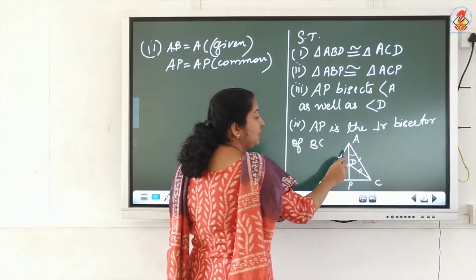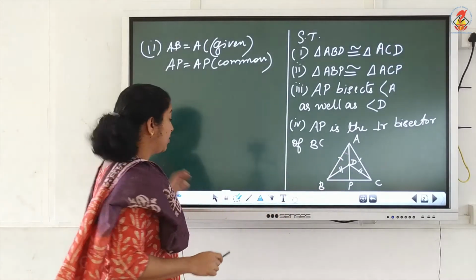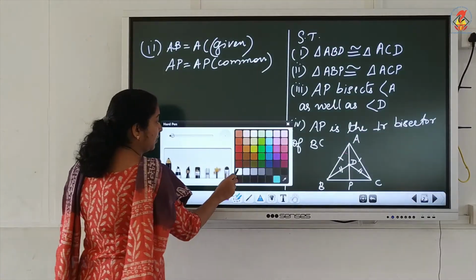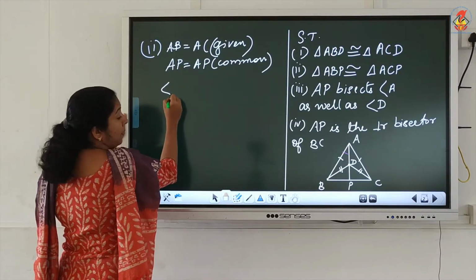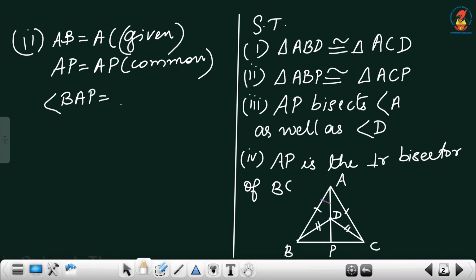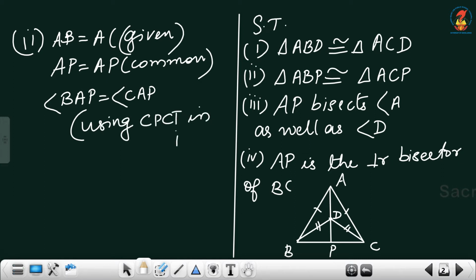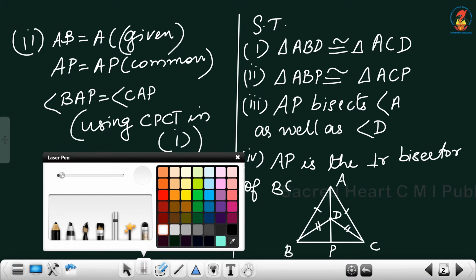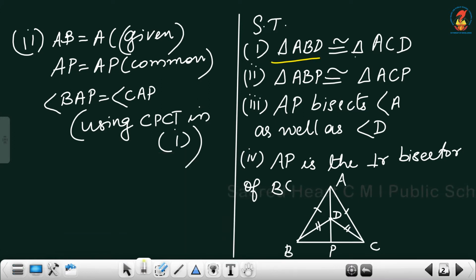So we can prove the included angles are equal. Angle BAP is equal to angle CAP using CPCT in the first one. What is the CPCT? We have already proved these two triangles are congruent.